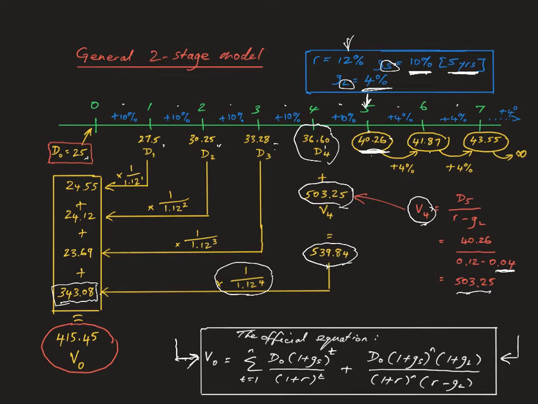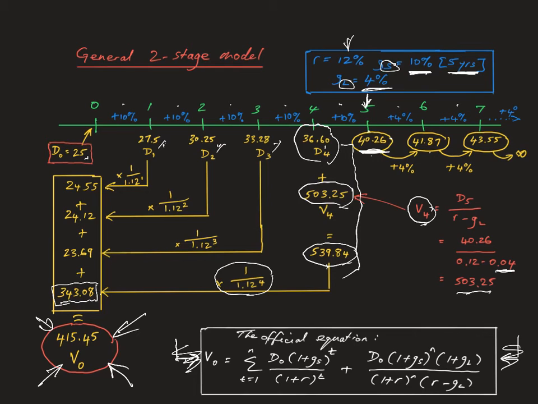It really just boils down to taking the present values of each of those cash flows at T1, T2, T3, and then the slightly more complex cash flow at T4, adding the present values together, and you end up with exactly the same value that you would get from applying the very scary looking official equation for the general two-stage model.